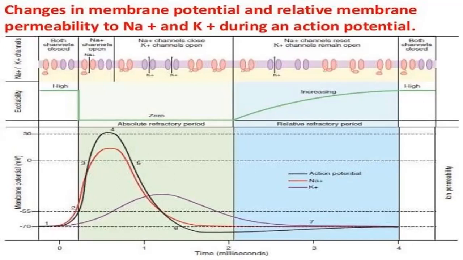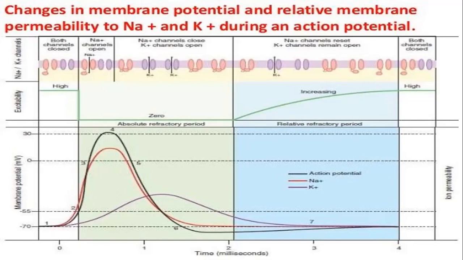Now let's see the different steps in this picture. Just follow the picture. We will discuss the different steps. Initially there is the resting membrane potential. Now you have applied a threshold current. So what is happening? Now the membrane potential is rising. Follow step 2. The voltage gated sodium channels are opening.